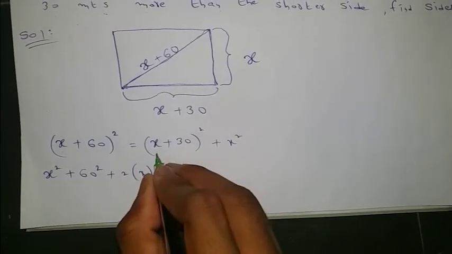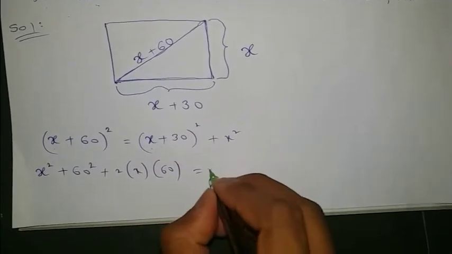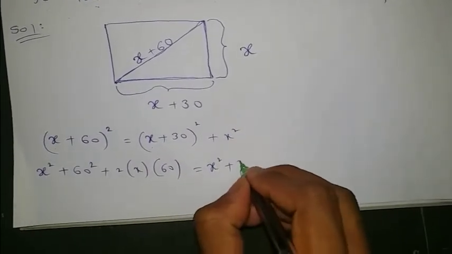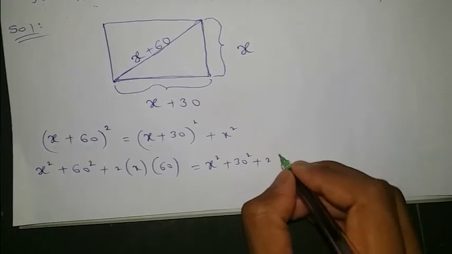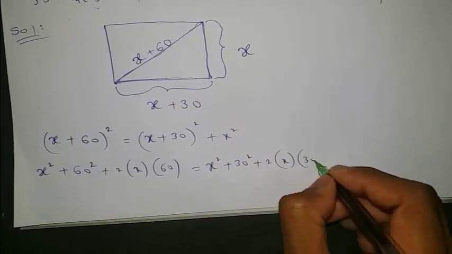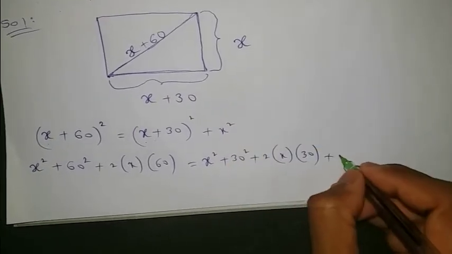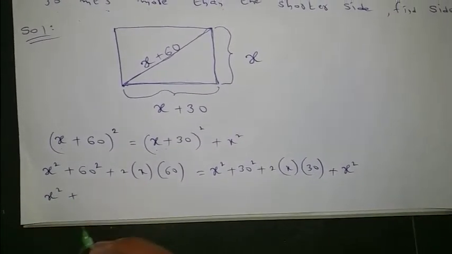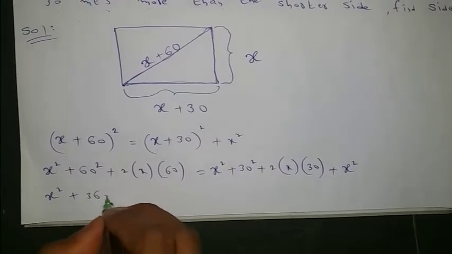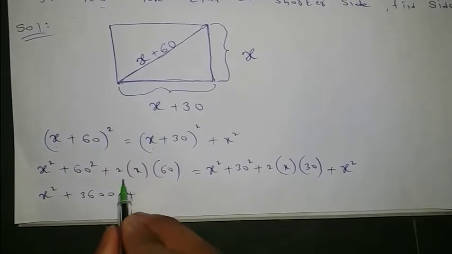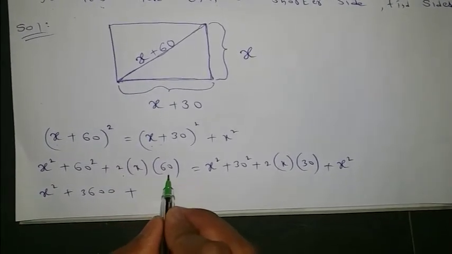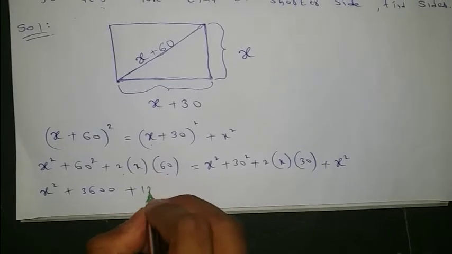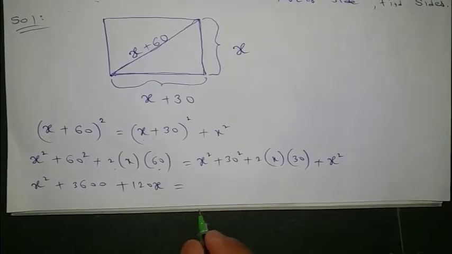Again, this is also in the form of a plus b whole square. If we expand it, we will get x square plus 30 square plus 2 into x into 30 plus that x square as it is I am writing. x square plus 60 square 3600 plus 2 into 60 120 into x 120x.